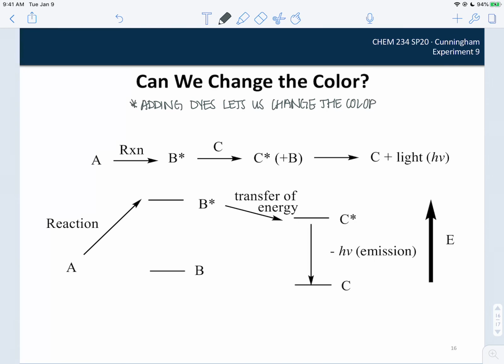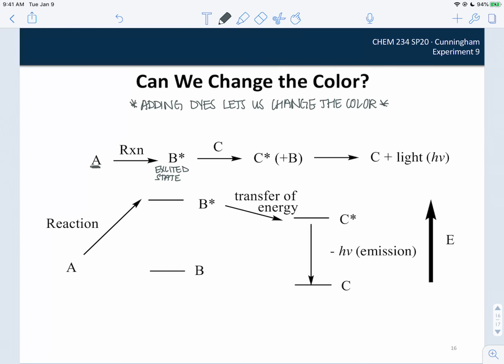We can think back to when we were talking about azo dyes. We talked about conjugated systems, how conjugated systems can absorb energy, and when they relax, we end up seeing some interesting processes. Here, we're again starting with our starting material A, which is undergoing a reaction, and that chemical reaction is producing an excited state product that is chemically different than our starting material.